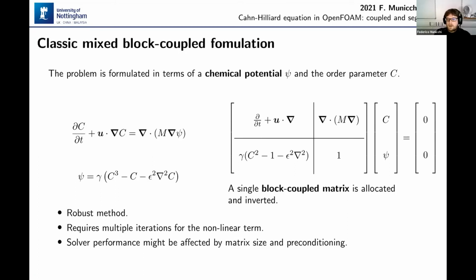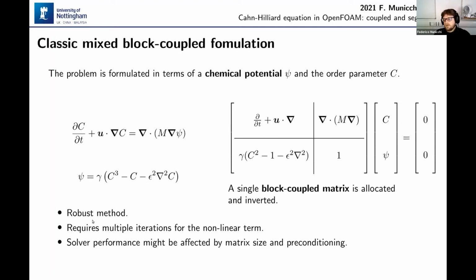So how many iterations do you need on the outside of the block solver? Yeah, that's a good question. It really depends on the convergence criteria, because normally what I check is the free energy, the potential, and the other parameters, and I fix some residuals on them.